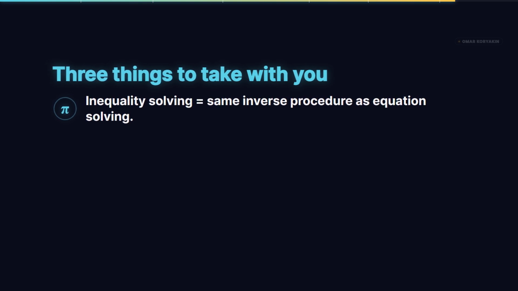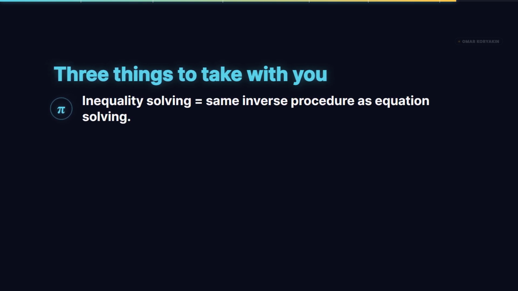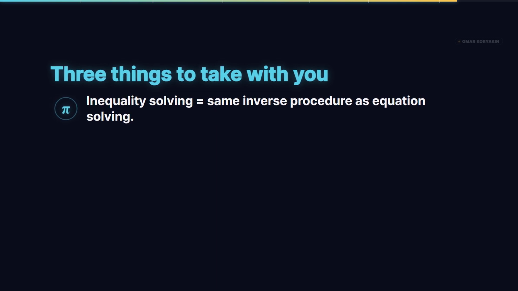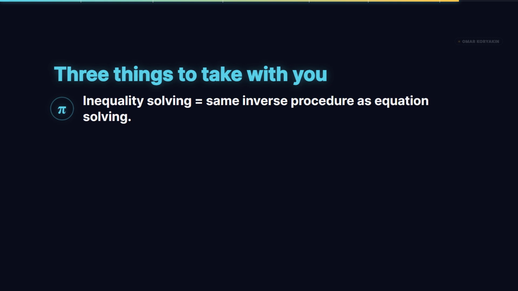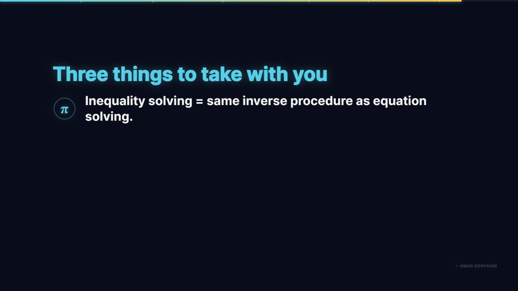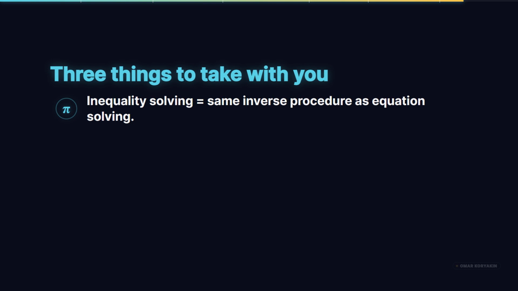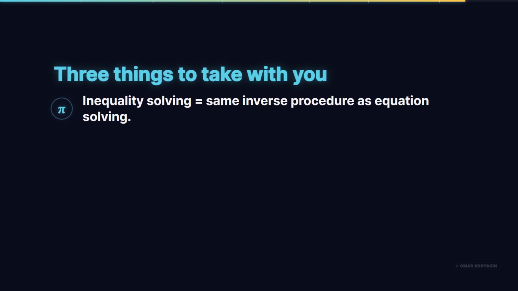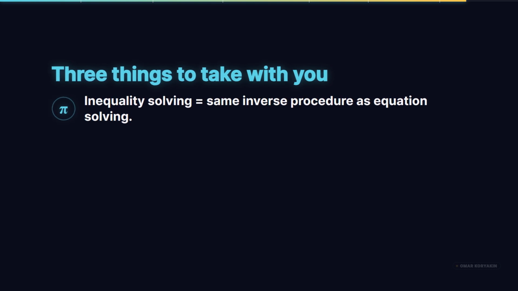Identify the operations applied to the variable, apply the inverses in reverse PEMDAS order to both sides, simplify each side after each inverse step. The both sides discipline carries over without modification. The gather step for variables on both sides carries over without modification. The literal equation procedure for solving in terms of letters carries over without modification.